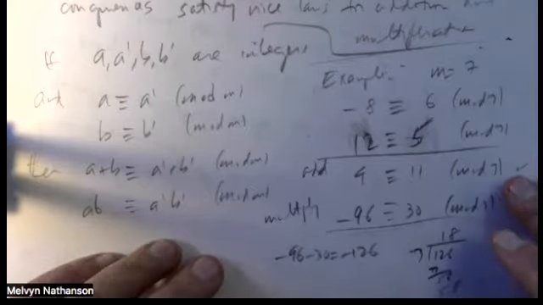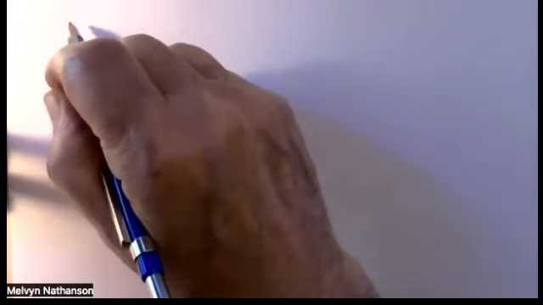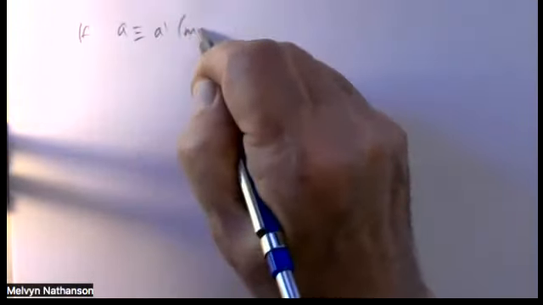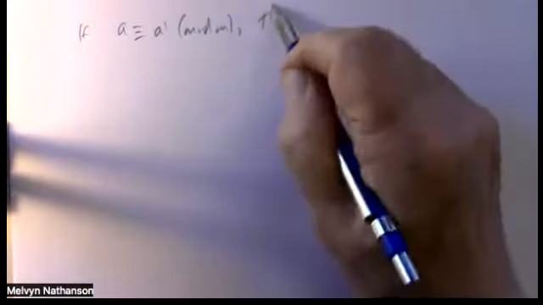And if you look at the set of congruence classes, that is the quotient, this also is something very interesting. So if A is congruent to A prime mod M, then the equivalence class of A equals the equivalence class of A prime.